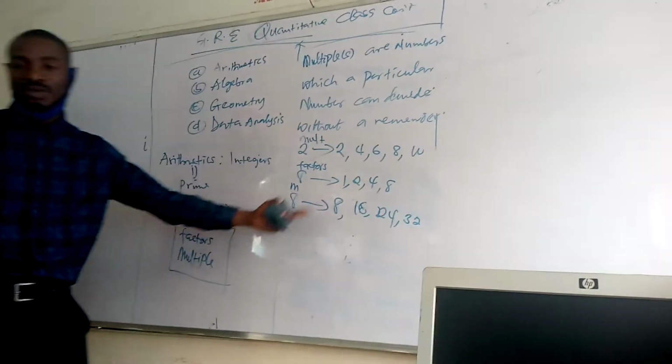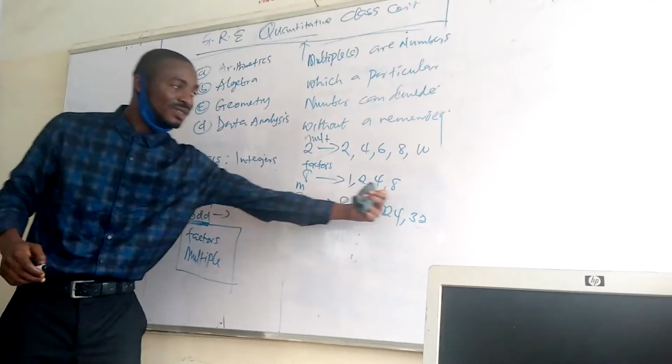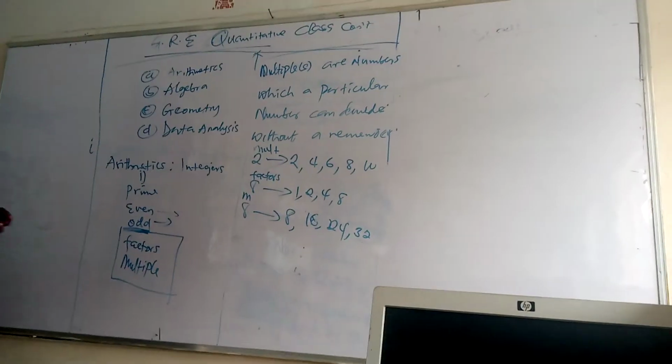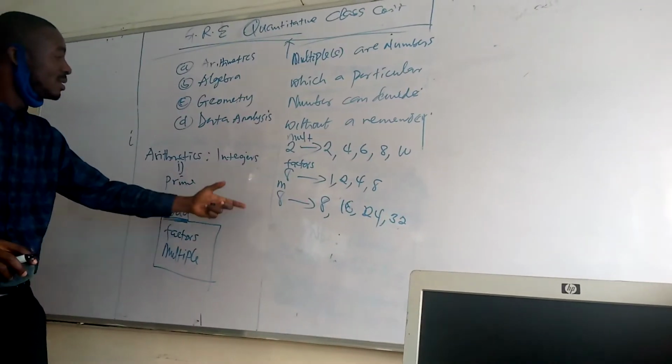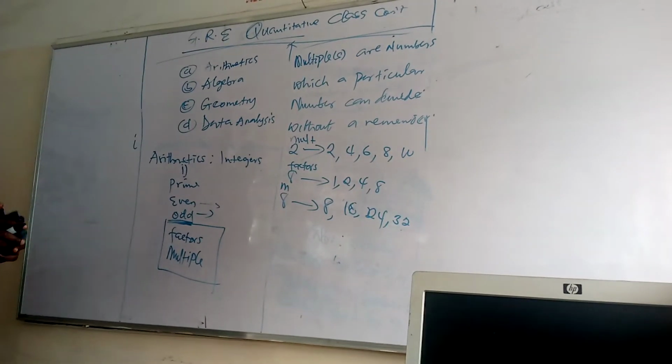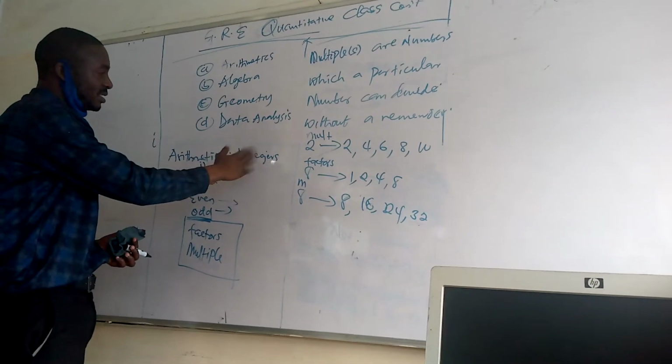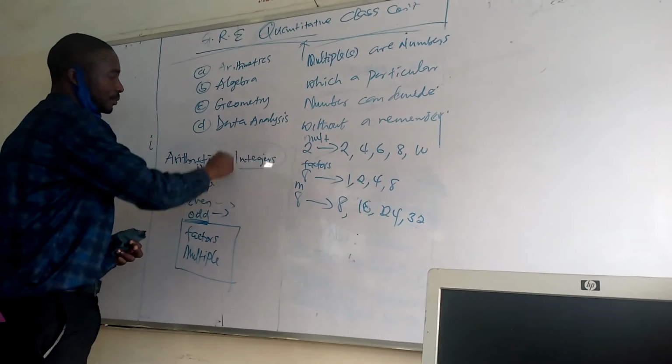These are multiples of 8. Now I think we are clear about multiples and factors. We are done with integers.